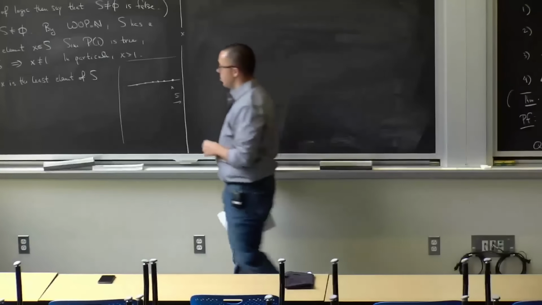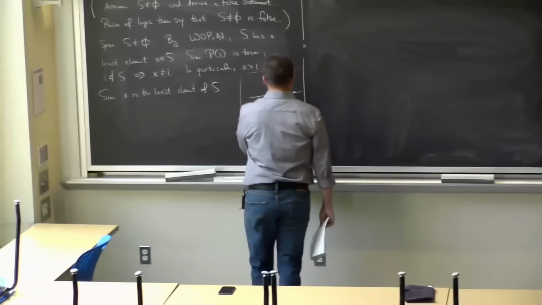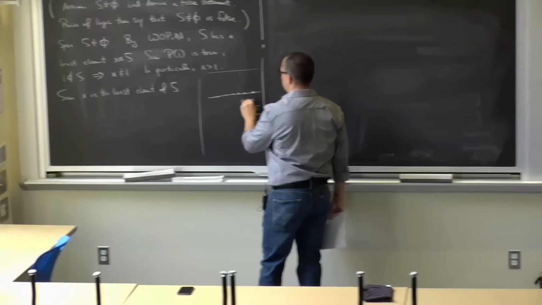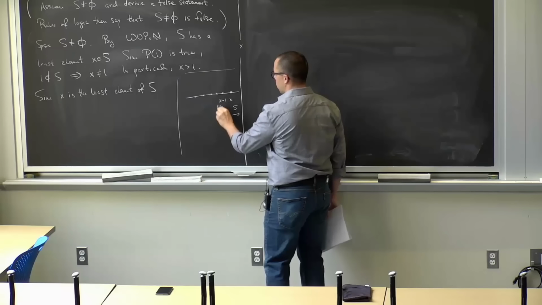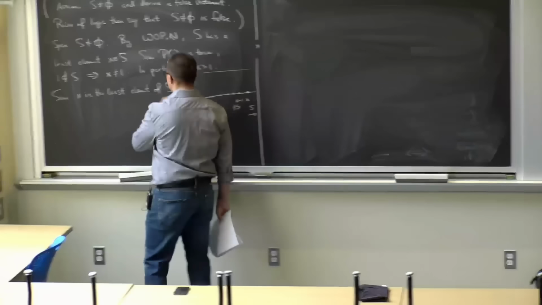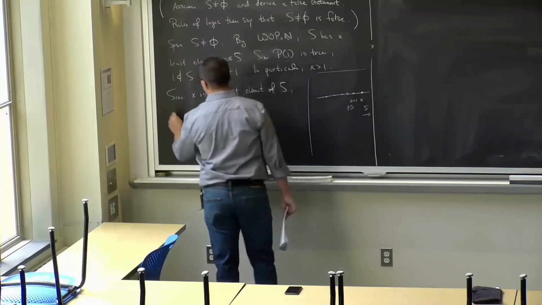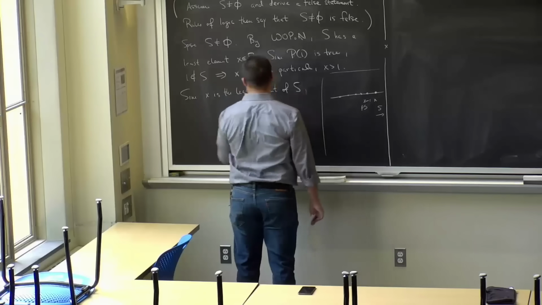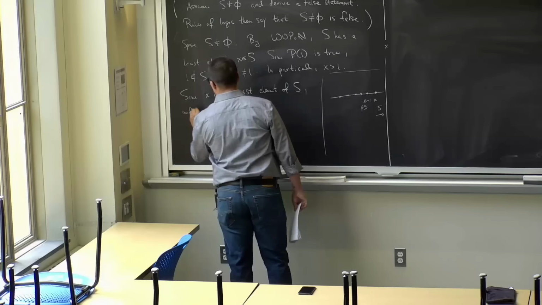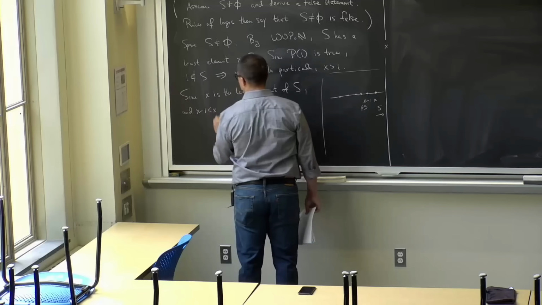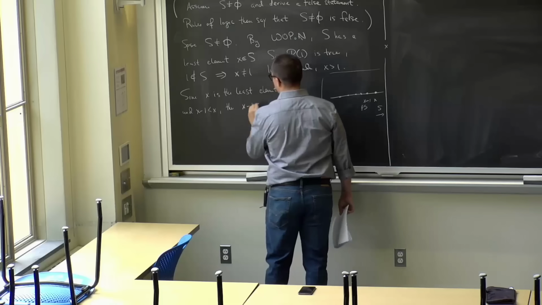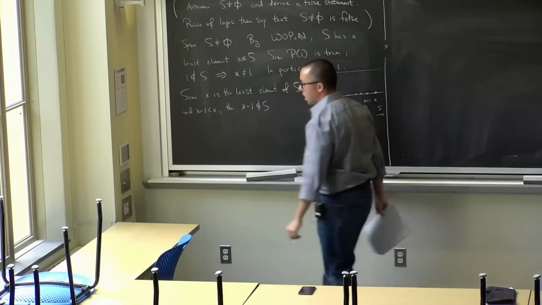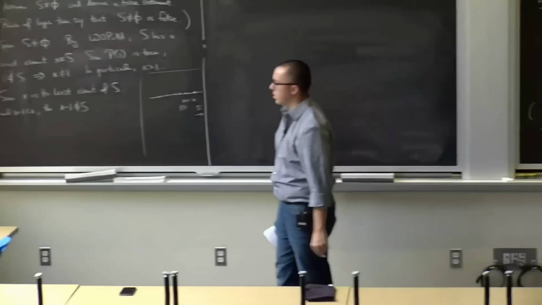Because it's the least element of S. And therefore, X minus 1 cannot be in S. So since X is the least element of S, and X minus 1 is less than X, this means that X minus 1 is not in S. Otherwise, it would be a smaller element than X in S.